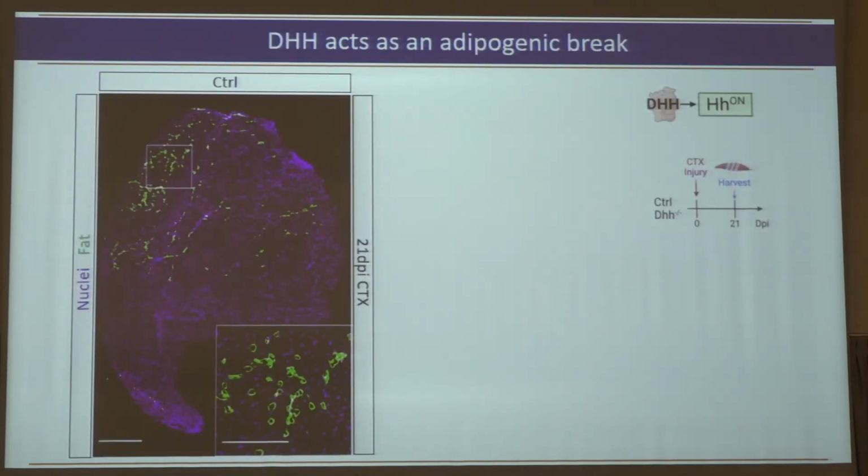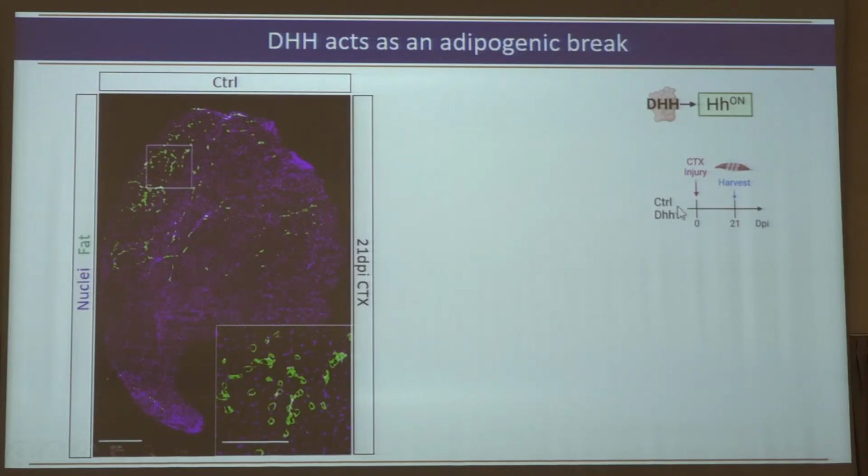So what does Desert Hedgehog do? To answer this, we first looked at intramuscular fat formation. After a cardiotoxin injury, at 21 days, we harvested the tissue. And in a control setting, where Desert is present, the Hedgehog pathway is on, and we see limited amounts of fat depicted here in green, whereas we used a genetic mouse model where we removed Desert, rendering the pathway off.